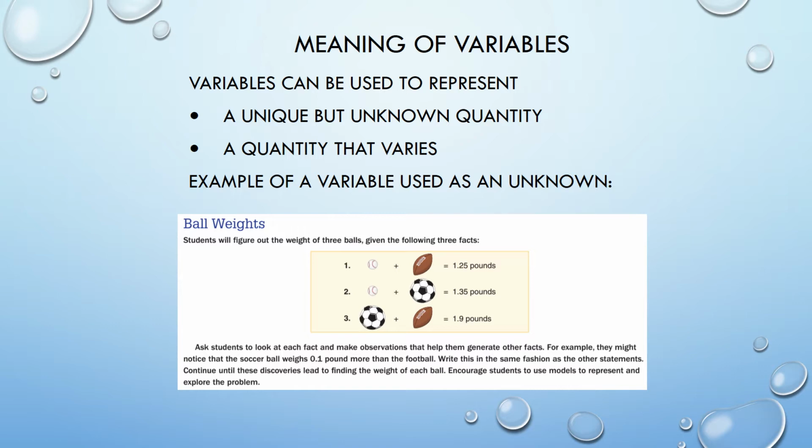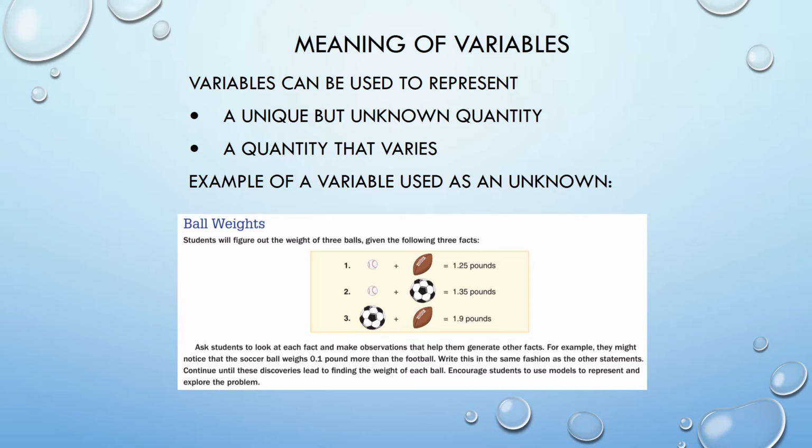So if I go down to number 3 and I put in a football plus 0.1 for the soccer ball, then my actual problem becomes 2 footballs plus 0.1 equals 1.9. Subtract 0.1 from each side and I get 2 footballs equals 1.8. If I divide 1.8 by 2, I get the football equals 0.9.